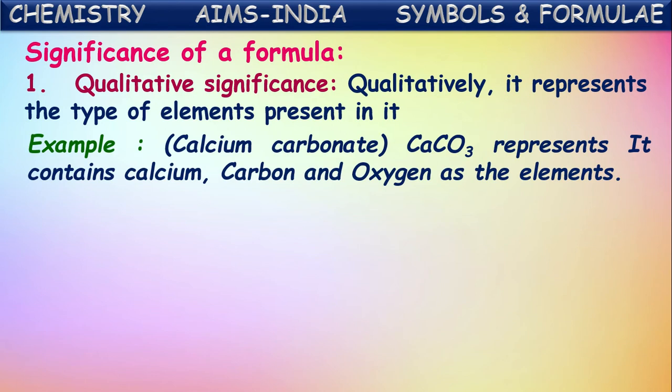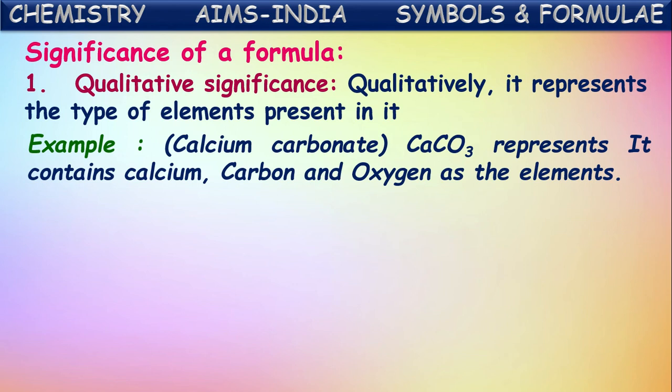For example, the chemical formula of calcium carbonate is CaCO3. It represents that it contains calcium, carbon, and oxygen as elements. This is the qualitative information from the formula.